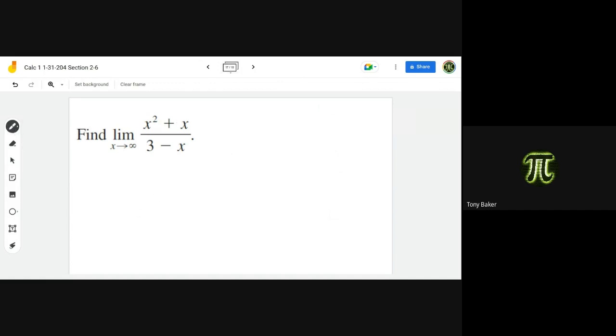So what would I divide them all by? Okay. So divide everything by x. So I have x plus 1 over 3 over x minus 1, right? If I do this and I'm looking at going to infinity, that's going to go to 0, right?